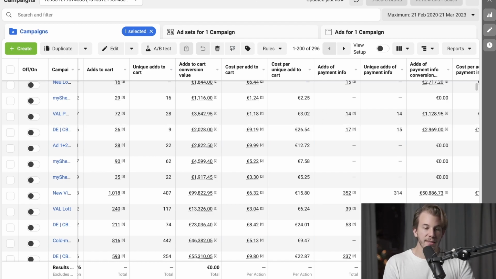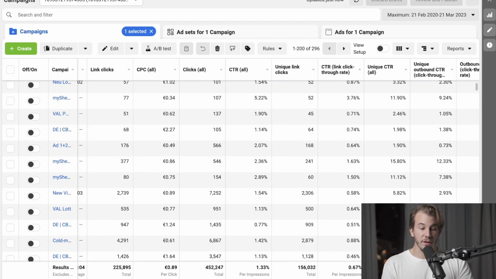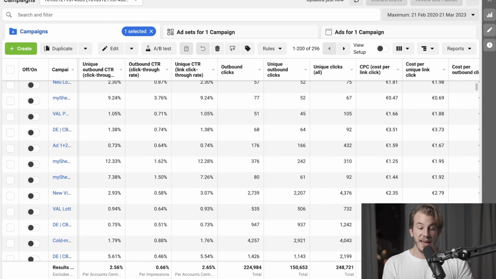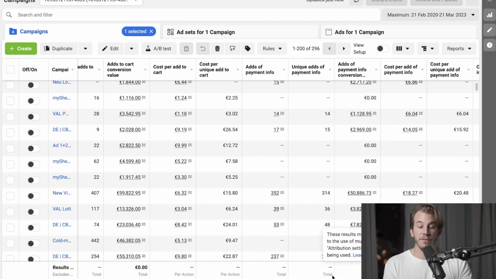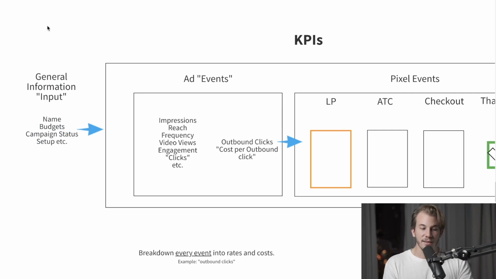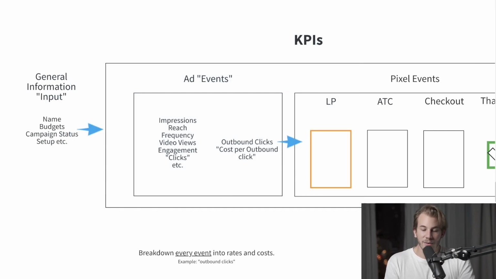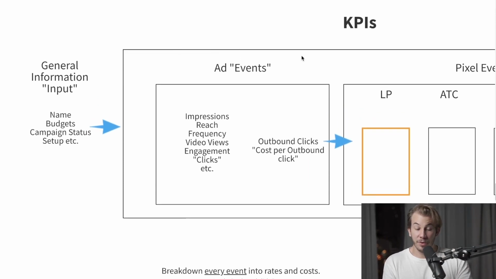It's pretty easy once you understand it, because this whole thing, going from your first impressions to your video views, your first clicks, your page views, your add to cart, your checkout, your purchase, your ROAS and your revenues, is just the order of the funnel. It goes from left to right in the same order as the customer journey. That's how I come up with all these metrics.